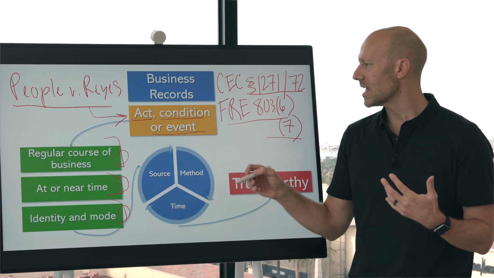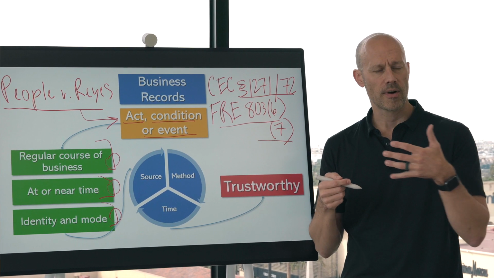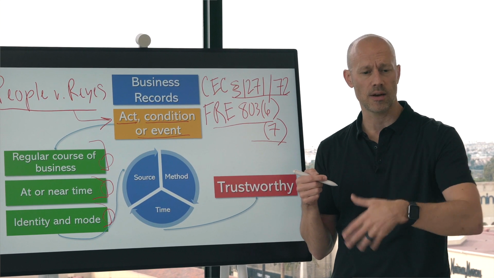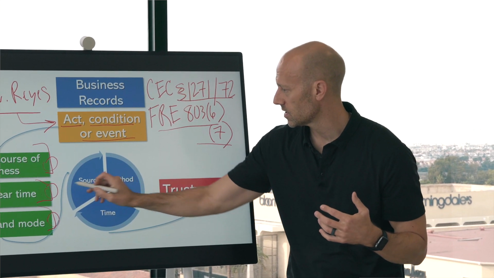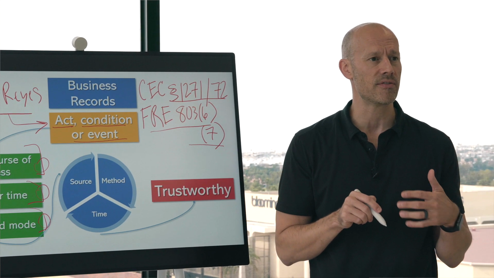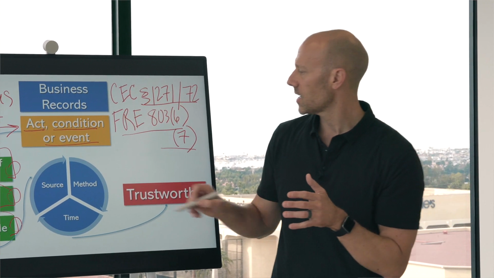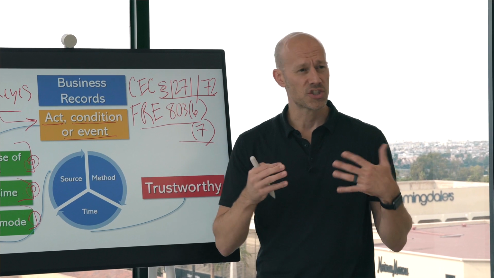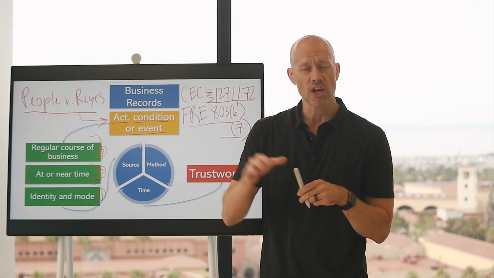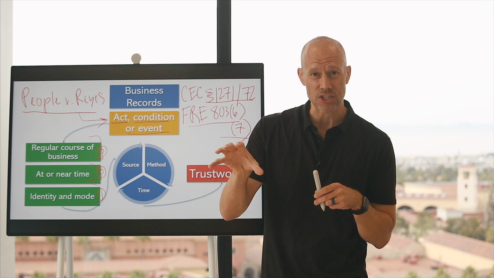You may get a leading question from the proponent of the document saying, was this made in the regular course of business? Yes. Was it made at or near the time of the event? Yes.